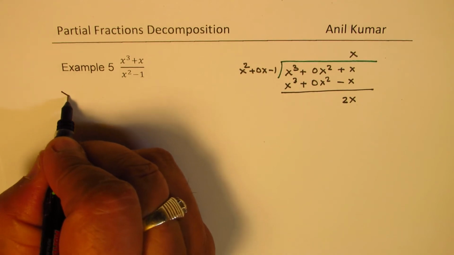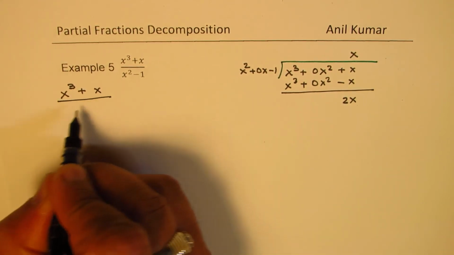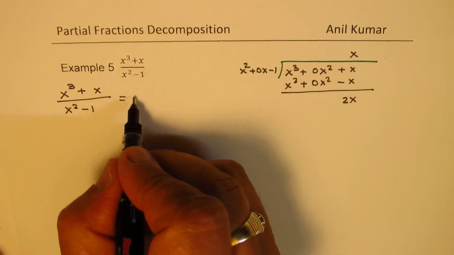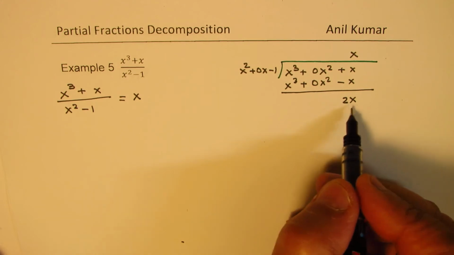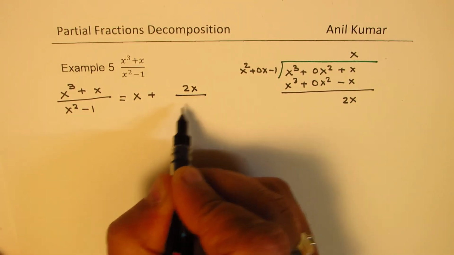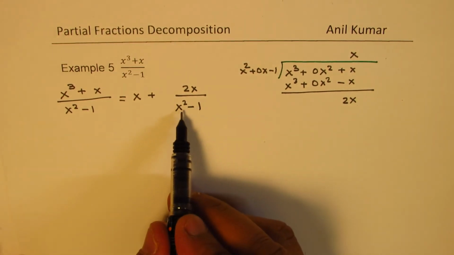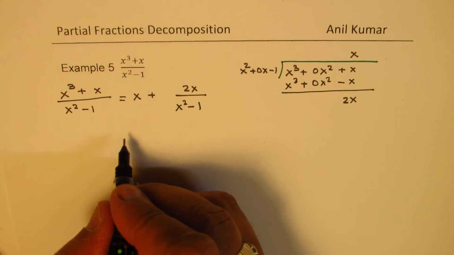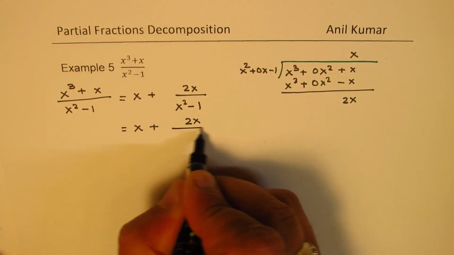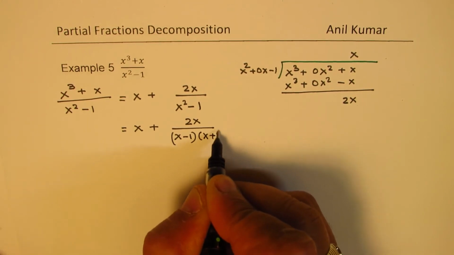So I could write x cubed plus x over x squared minus 1 as equal to x plus, because that is positive, 2x over x squared minus 1. Clear? Now here x squared minus 1 can be factored. So what we get here is x plus 2x over x minus 1 times x plus 1.